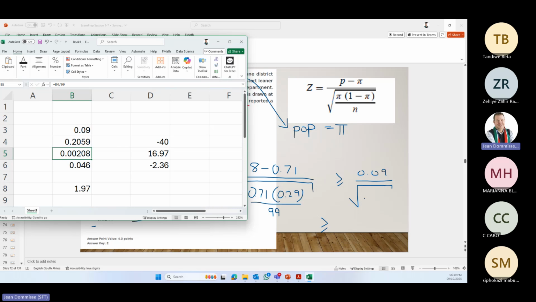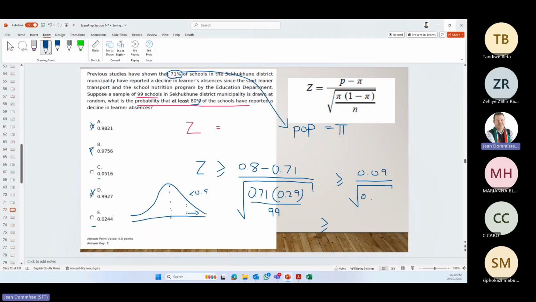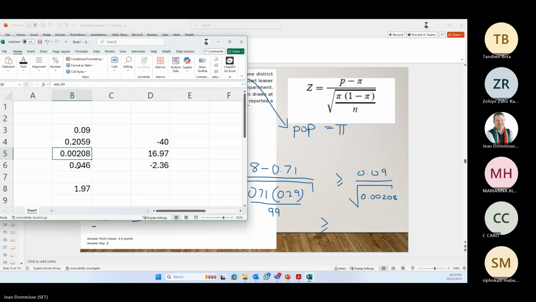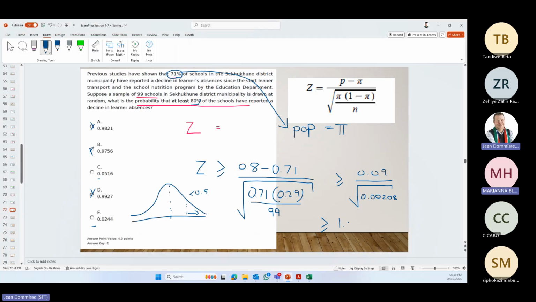So at the bottom, we've got 0.00208. Then if we square root that, we get 0.046. And if we then work it out, we get 1.97.